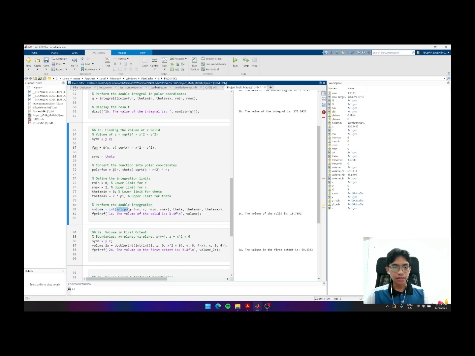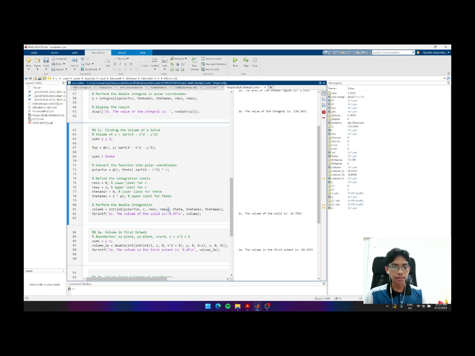First, we will integrate the polar function, which we already declared before, equal to square root of 4 minus r squared multiplied by r, with respect to r, from r minimum to r maximum, which is 0 to 2.